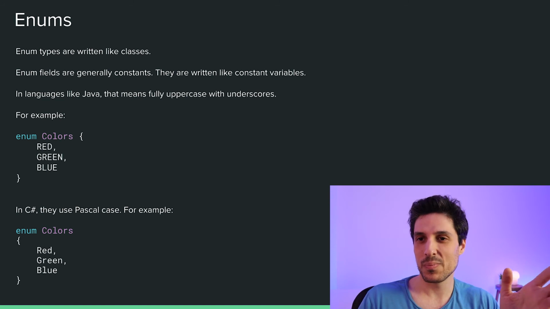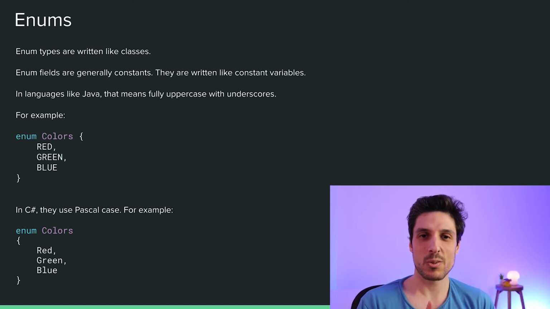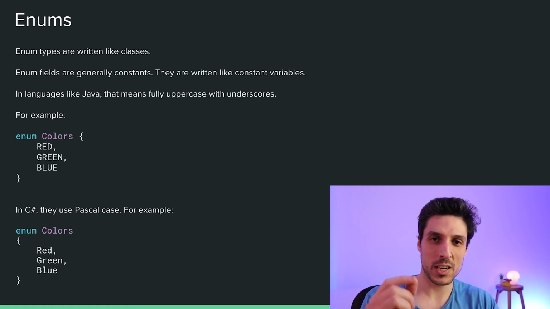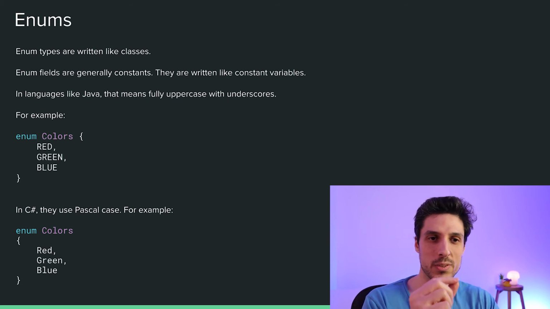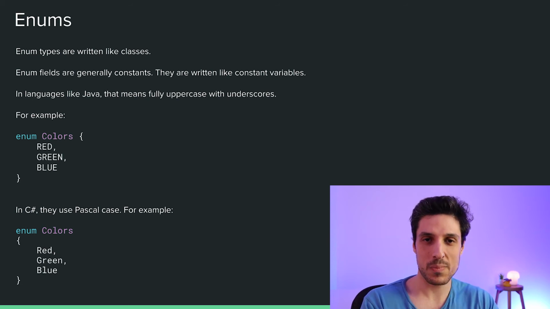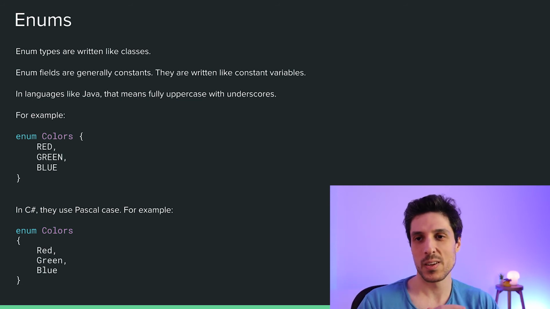So anyway, enums next. The convention in Java is to treat enums like classes with constants, okay? What that means is that the enum type is named like a class, and the fields of the enum are named like constants. That's fully uppercase with underscores to separate the words.